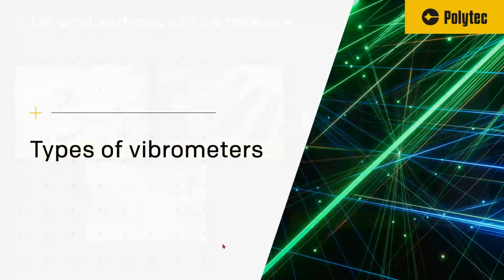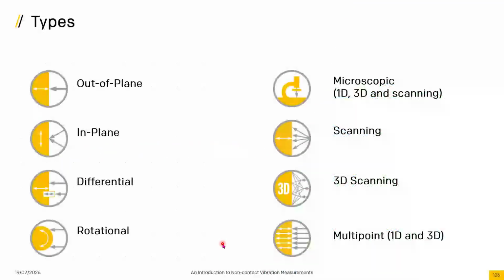A quick look at the types of vibrometers, and this is what you will see in terms of breakdown. Out of plane: here we are measuring, and this is probably the most commonly used vibrometer, the component of the vibration in the direction of the laser beam.